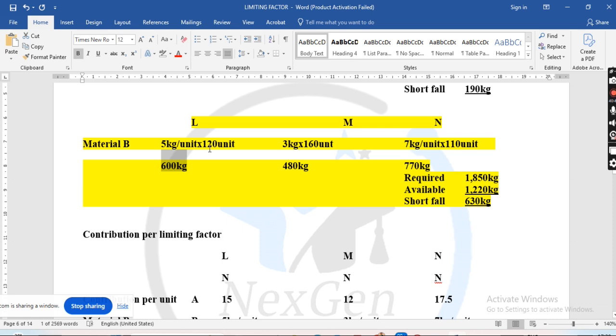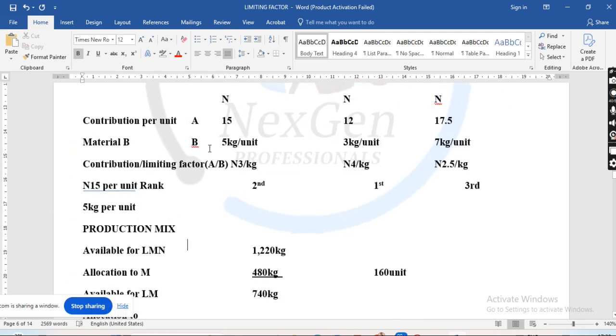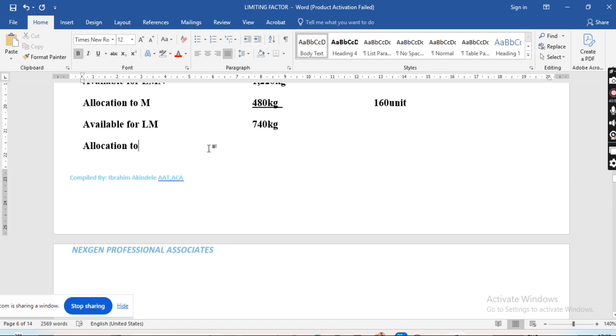But what we have available is still 740 kg, which means that we can still give the whole 600 kg for L, right? 600 kg for L to produce how many units?